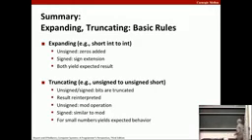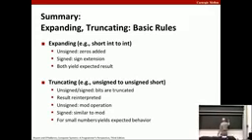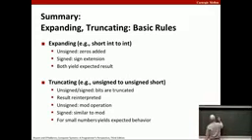a final case to look at is what happens if I make something shorter. So if I had my unsigned number from before, if this were an unsigned number, this would be 1, 2, 8, 16, giving 27.